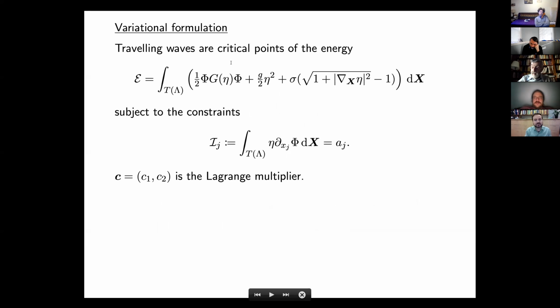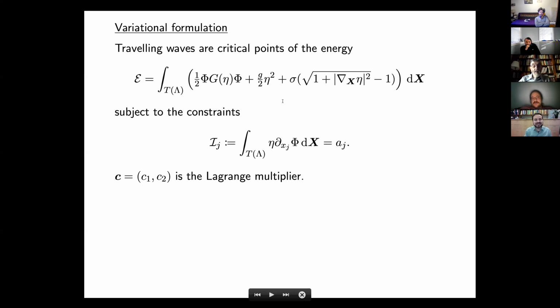This comes from the Hamiltonian formulation of the problem. So this is the conserved energy, and the momentum is also conserved, due to translation invariance in the x and y direction. And so your wave vector c will then appear as a Lagrange multiplier.